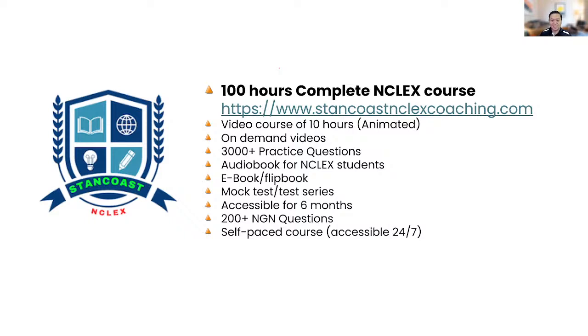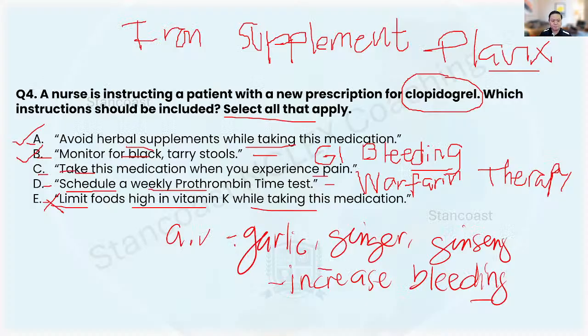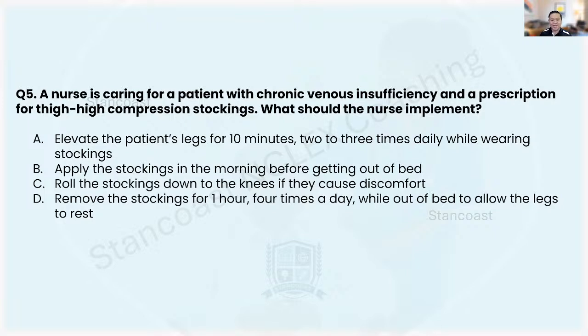All right, let's move forward to the next question. Next question, guys, number 5. A nurse is caring for a patient with chronic venous insufficiency and a prescription for thigh-high compression stockings. What should the nurse implement?